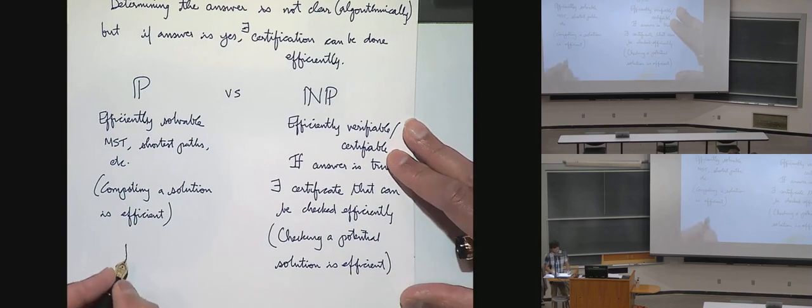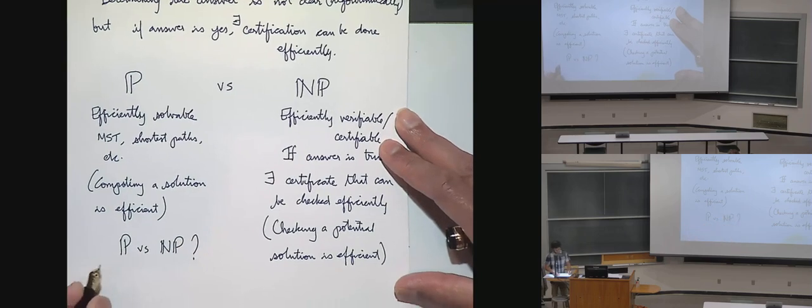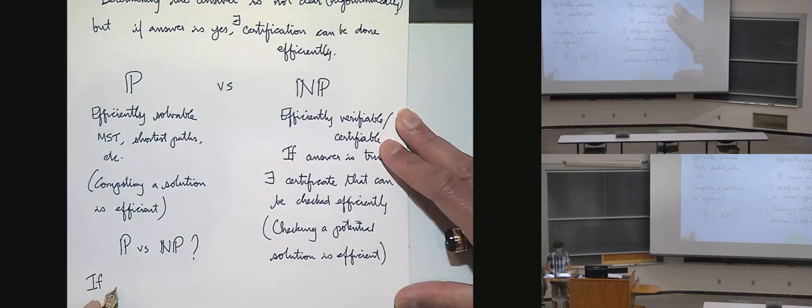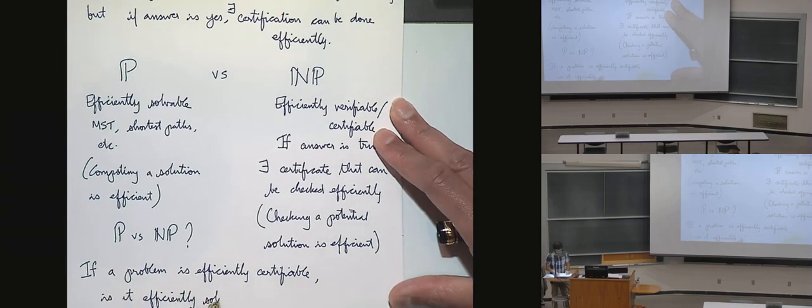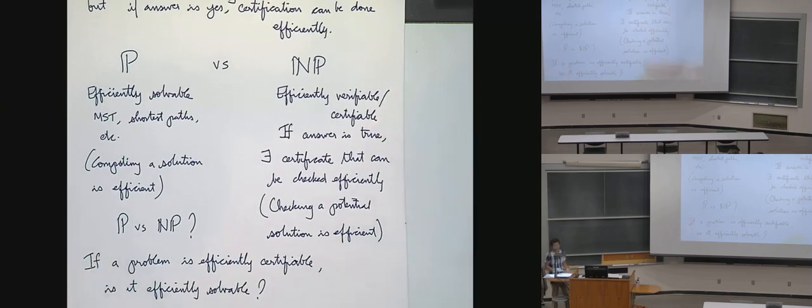And the P versus NP question is, if a problem is efficiently certifiable, is it efficiently solvable? Indeed, we don't think that is the case.